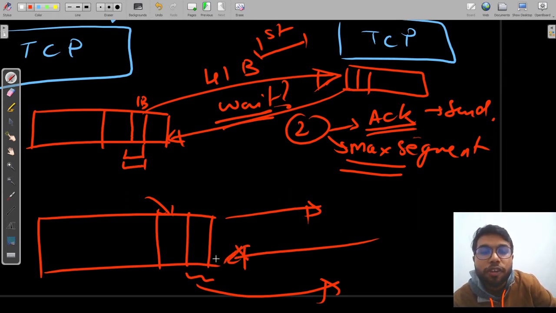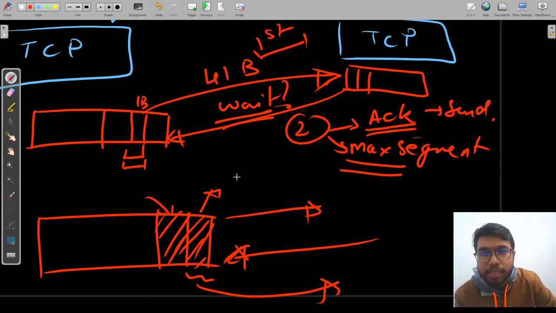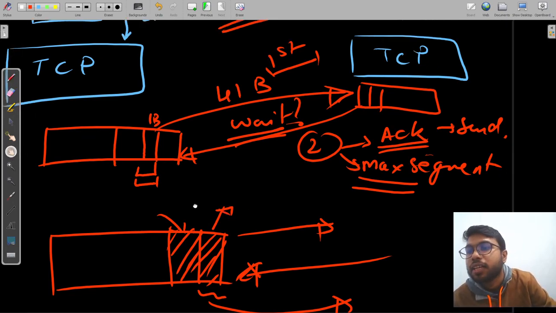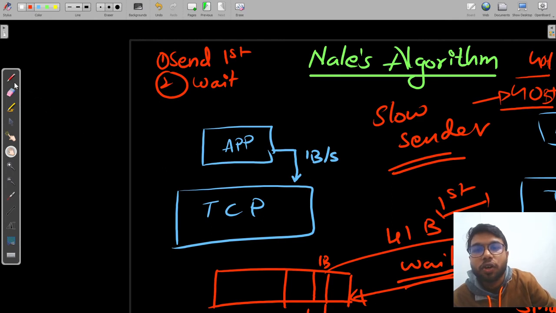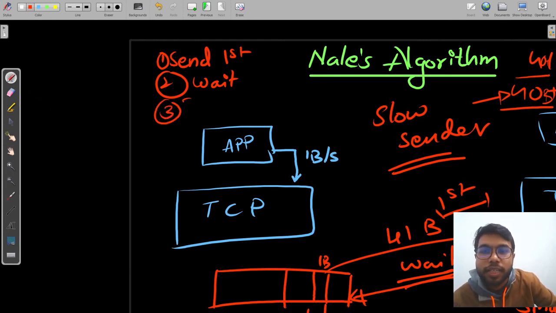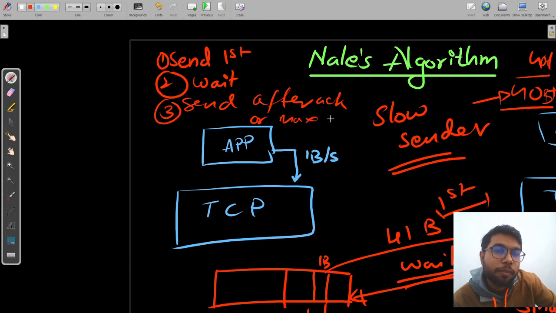Now if I do not receive my acknowledgement, but my biggest segment that could be sent has been collected, no point in waiting anymore. I could not send any more than this anyways, so let's just send it. So that is your third step: send after acknowledgement or after max segment can be created.